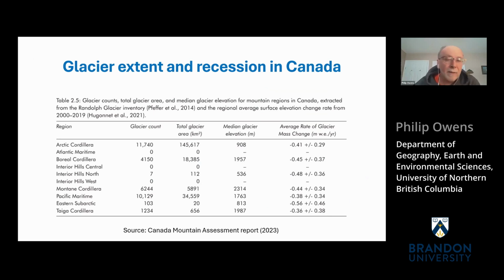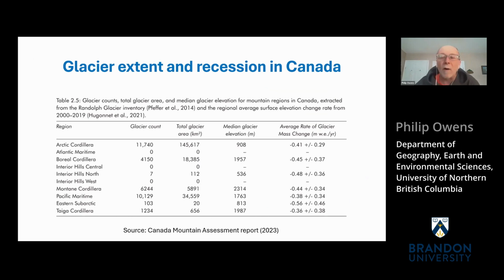And if we look at glaciers associated with those regions, this is a table, again based on what's called the Randolph Glacier Inventory. We see the different regions listed on the left-hand side. We see the amount of glaciers in terms of numbers, surface areas, and elevation.